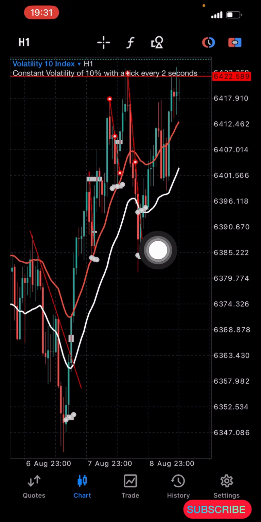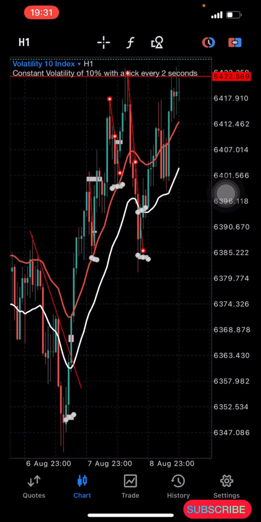But if it breaks below the white moving average and closes, you have to wait for a sell entry. When it gets back and fails to close above this red line, okay, you are still looking for sell entries. But if it closes above the red moving average, then it's going to be a buy entry condition.